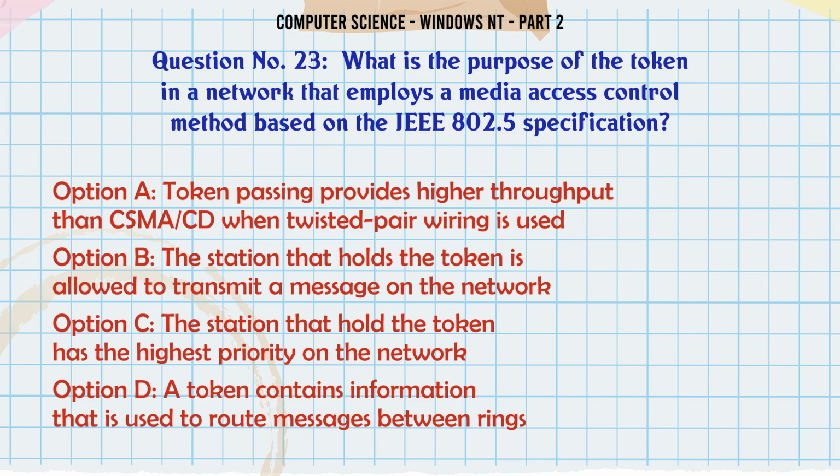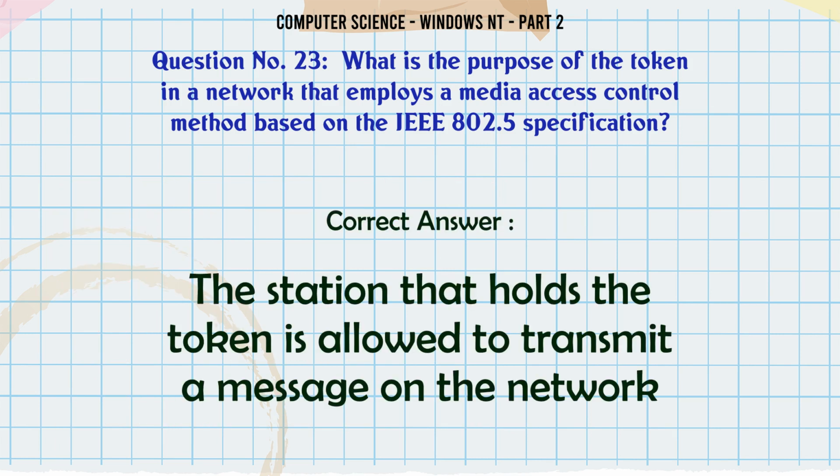C. The station that holds the token has the highest priority on the network. D. A token contains information that is used to route messages between rings. The correct answer is the station that holds the token is allowed to transmit a message on the network.